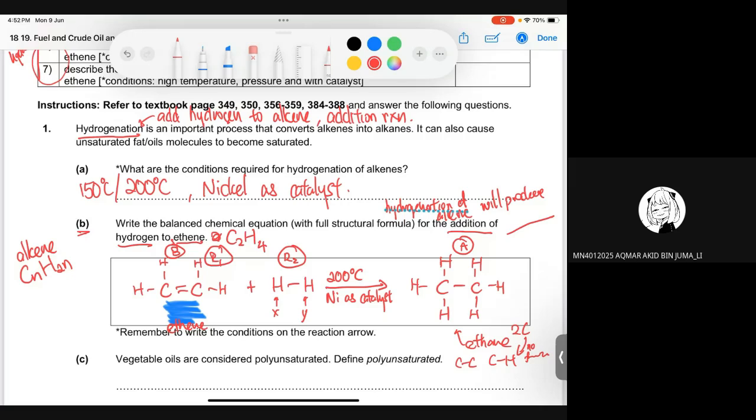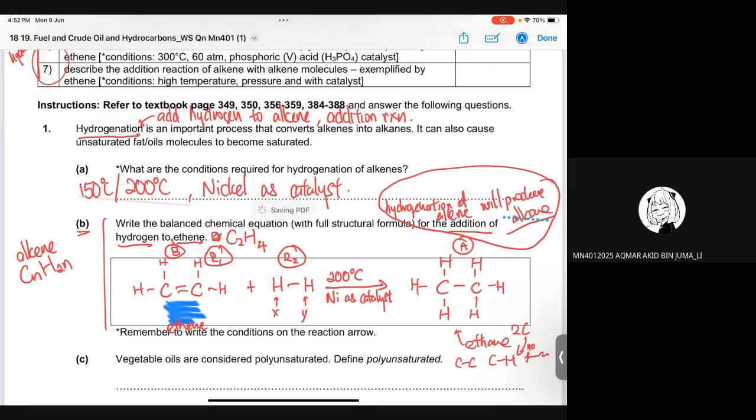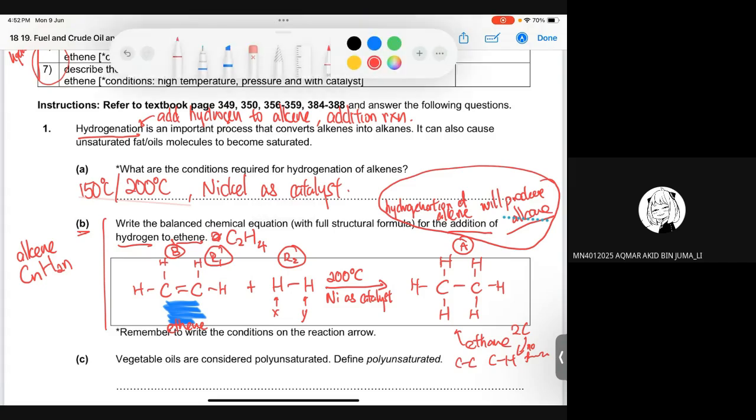Hydrogenation of alkene will produce what? Okay. Alkane, good. So I hope you're able to see from this equation the general idea that whenever you hydrogenate alkenes, you actually get alkanes. Okay, thumbs up if okay.